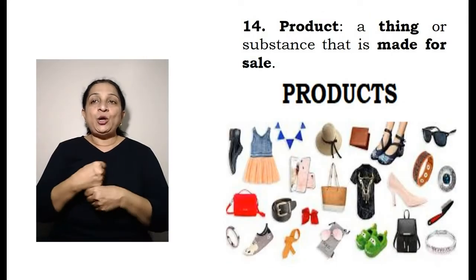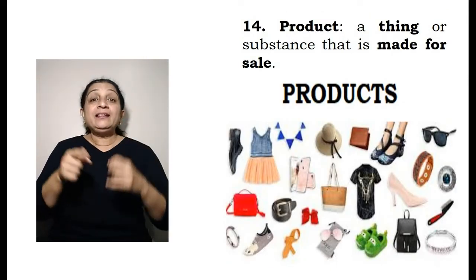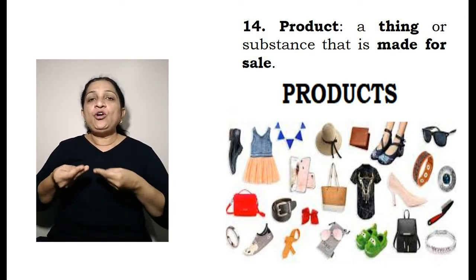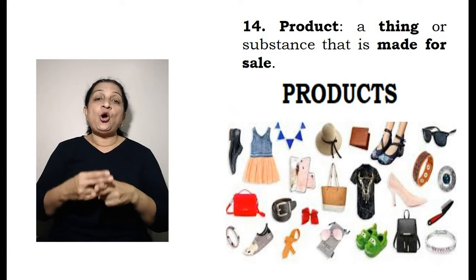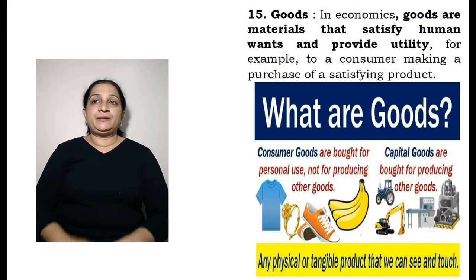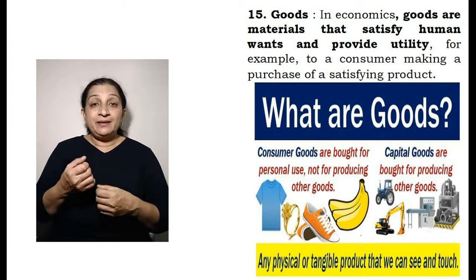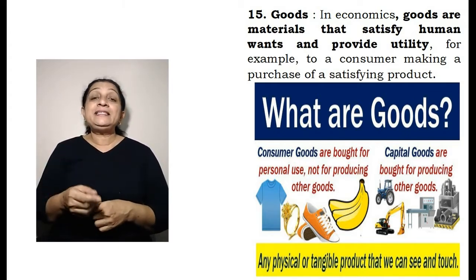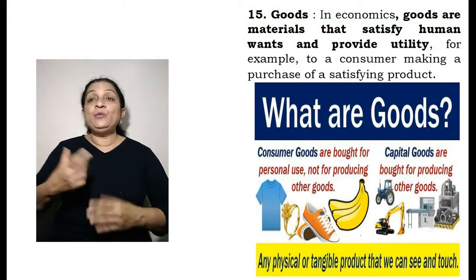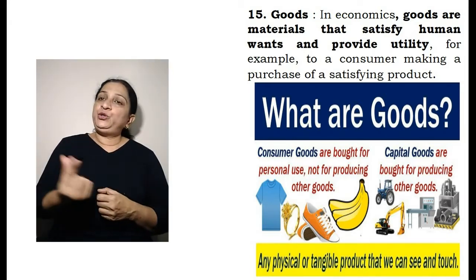14. Product. That is the end thing that is produced, just before you sell. That is called product. Goods, 15. That is things or materials that satisfy human wants or use.